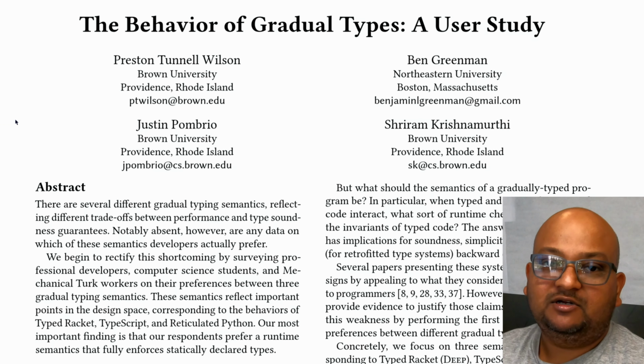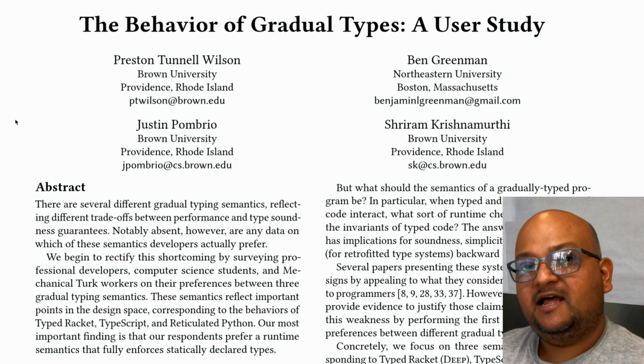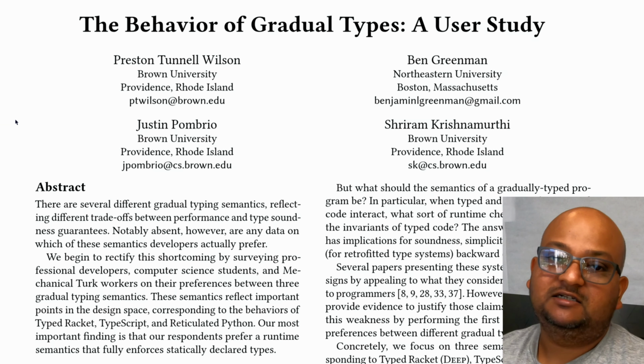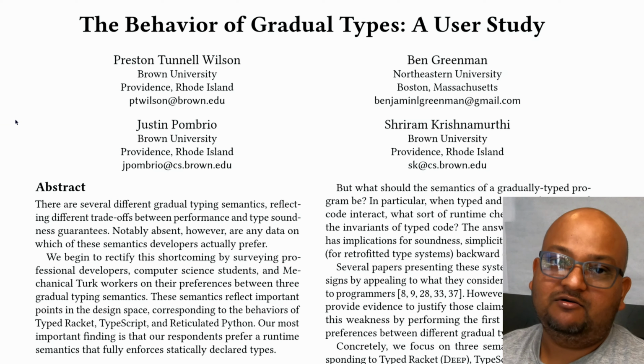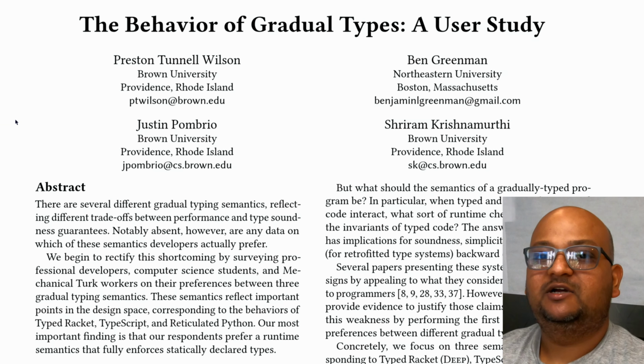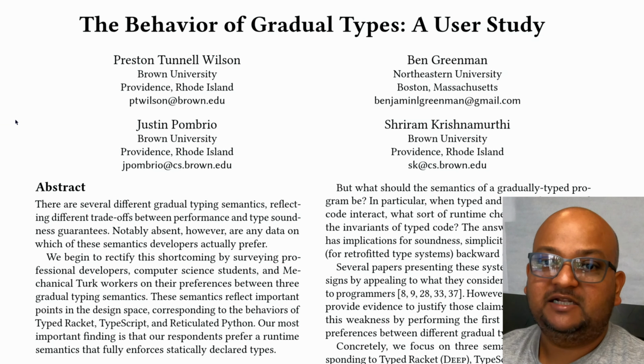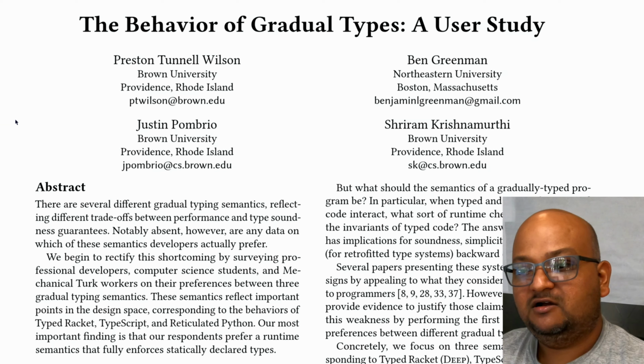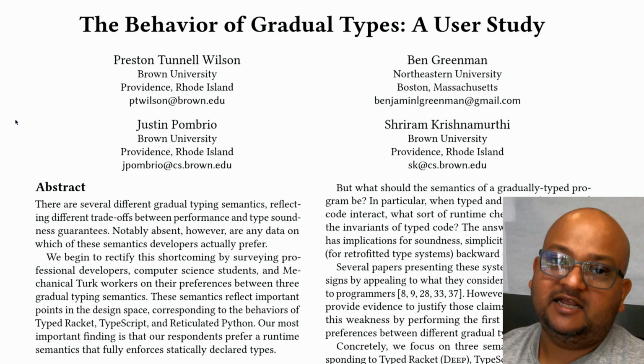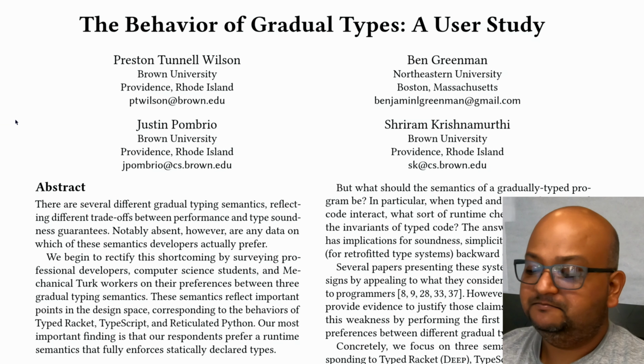And this is where gradual typing comes in, where you can still put type annotations on parts of your source code and then have it mix with the rest of your source code that might still be untyped. So you can get some of the advantages of typing without having to do the work of putting type annotations on all of your source code.